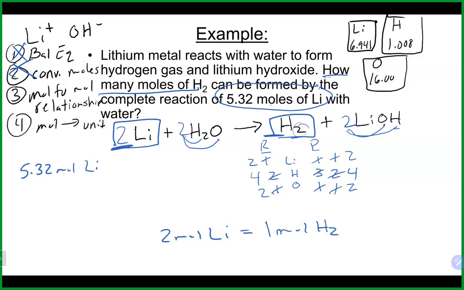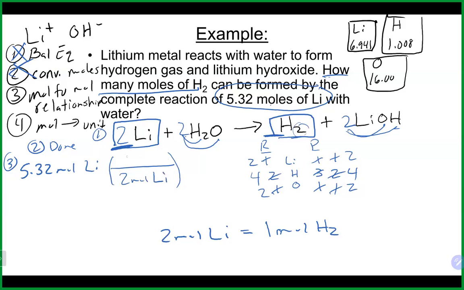That clearly gives me the 2 conversion factors that I could write for that if I wanted to, but I'm just going to put it into the calculation if that's okay. So we're going to do step number 3 here. Step number 1 was done, and step number 2 was already done for us. In this case, I want to get rid of lithium and end up with hydrogen. So on the bottom should go the 2 moles of lithium.